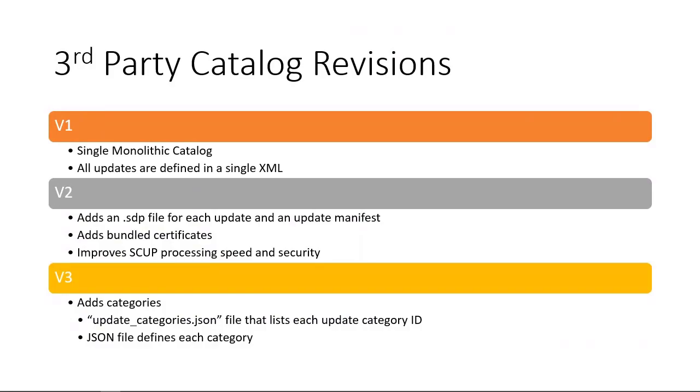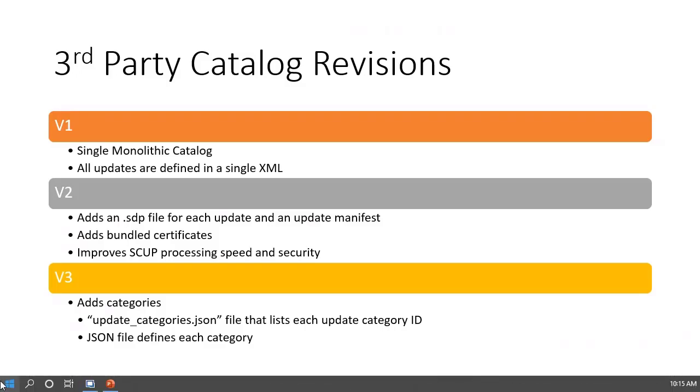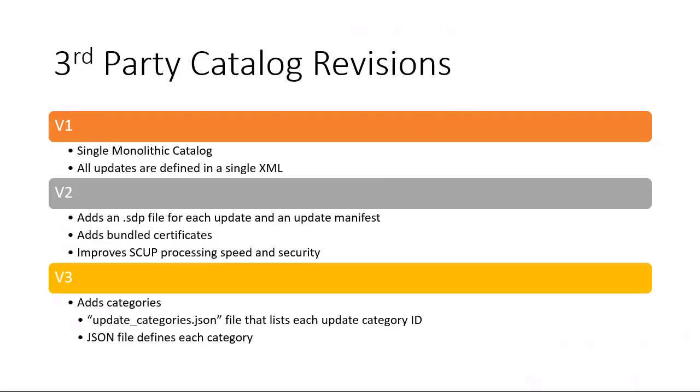I was going to go over the improvements in the third-party catalog. There have been 3 revisions of how third-party patching catalogs work within Config Manager and SCCM. We had V1. It was a single monolithic catalog. All the information was contained in a single XML. V2 improved that. It created an SDP file for each update that was in the main single XML.